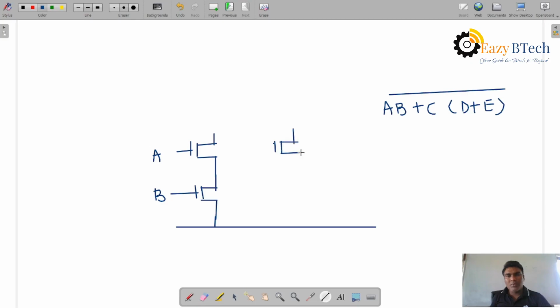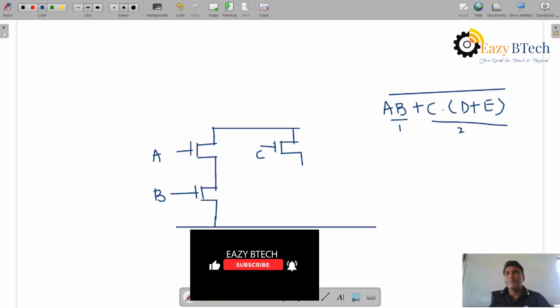So keen observation, what I am writing: if any logic is given, you can simply draw it. Now, what about D plus E? And there is an AND logic. So C, D, E are parallel with AB. Let us take this as the first term and this as the second term.